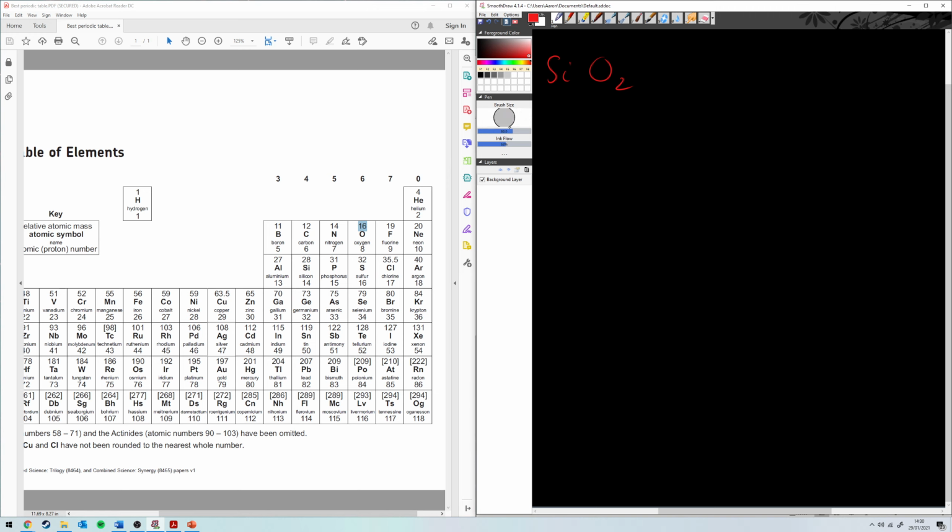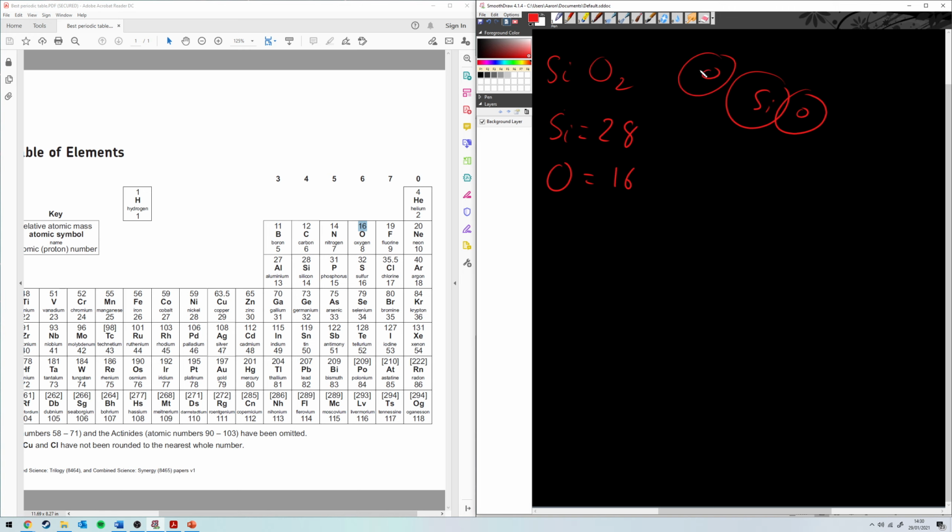Silicon has a mass of 28. Oxygen has a mass of 16. So if I draw my silicon dioxide, I've got 1 silicon, and that is 28. I've got an oxygen there, which is 16, and an oxygen there, which is 16.